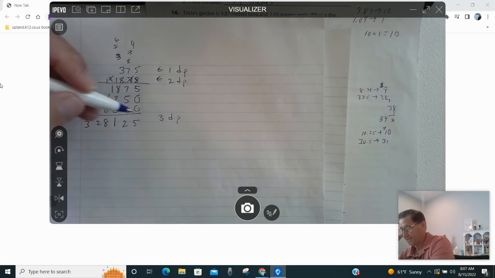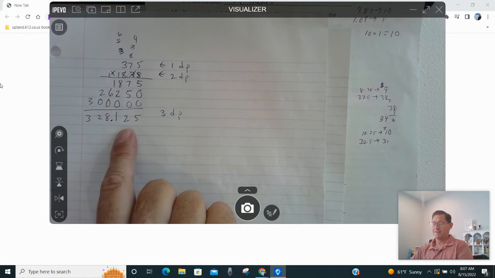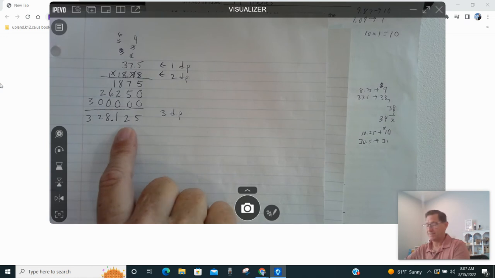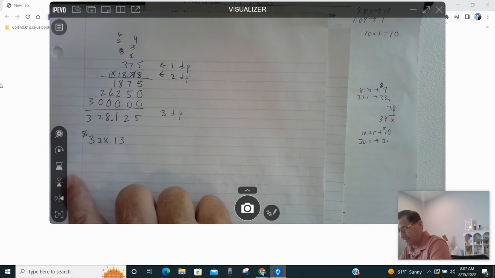Three decimal places. So $328.125. Now we're going to round this to the nearest penny. So $328.13.